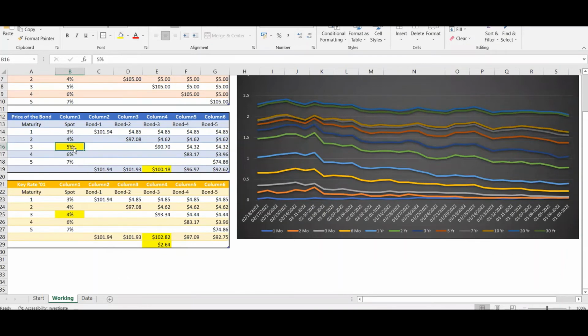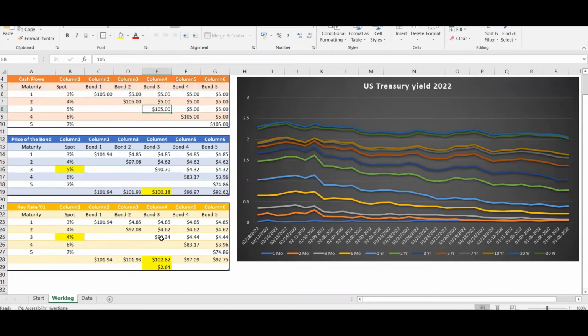So instead of 5%, they decrease the 3-year rate by 1% to see what the change in my bond price is. So same calculation, instead of a 5% spot rate for 3 years, I have discounted this 105 at 4% instead of 5%. When I was discounting at 5%, I was getting $90. When I discount at 4%, I'm getting $93.